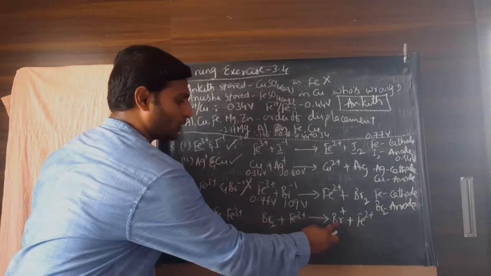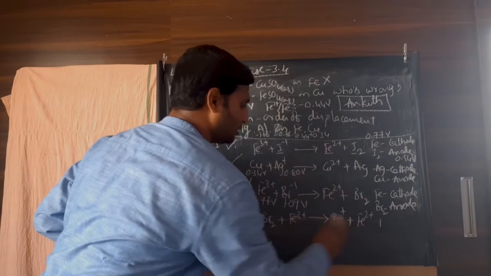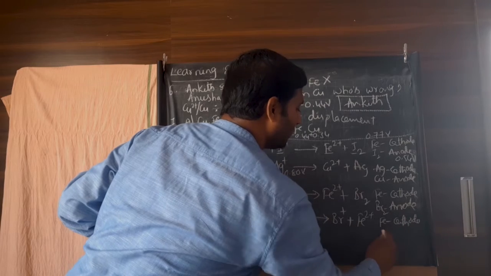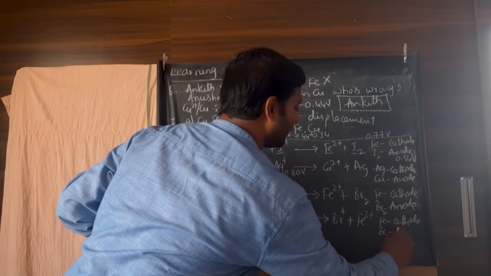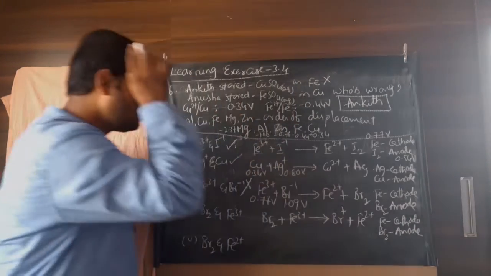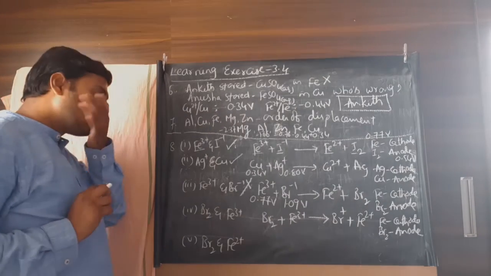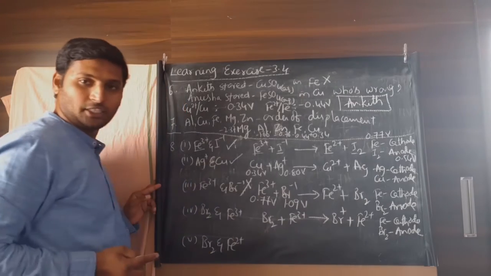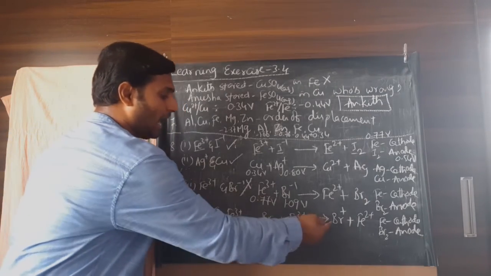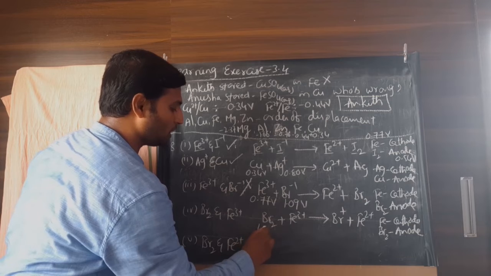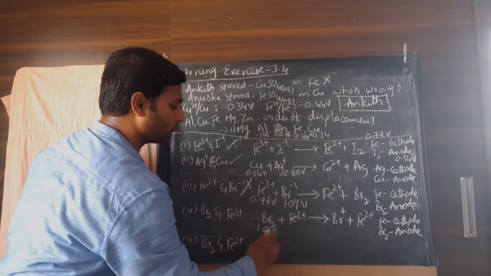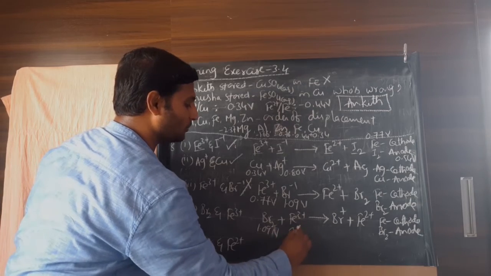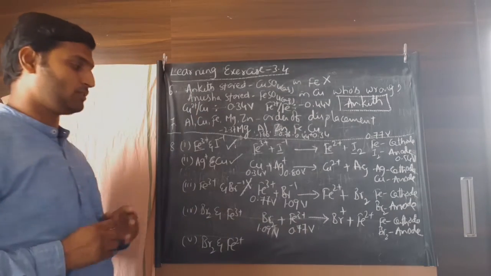Bromine is shown to be undergoing oxidation here, and iron is shown to be undergoing reduction. So the iron couple is cathode here and the bromine couple is anode here. Now, the species shown to be undergoing oxidation has a potential of 1.09 volts, and the species shown to be undergoing reduction has a potential of 0.77 volts.